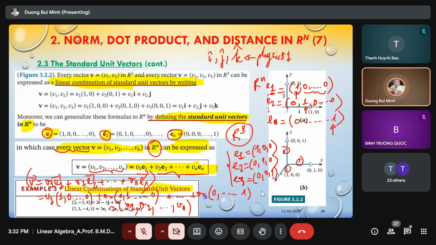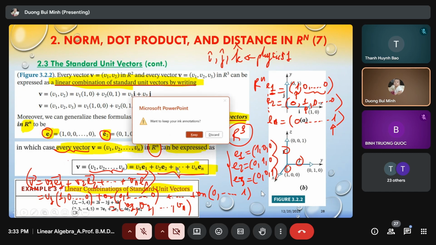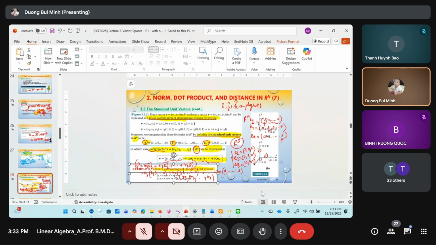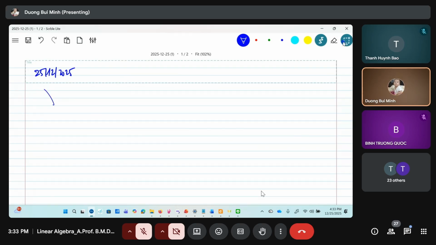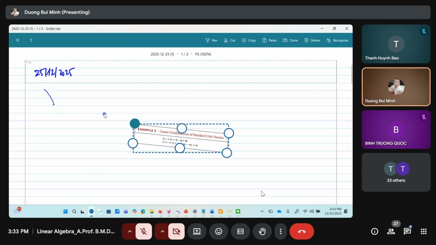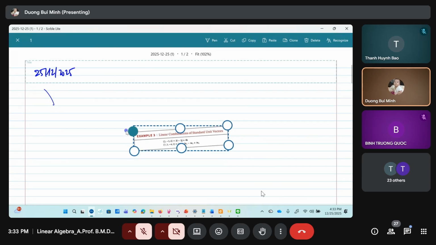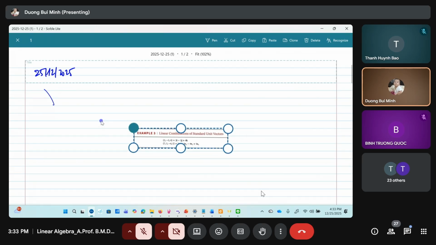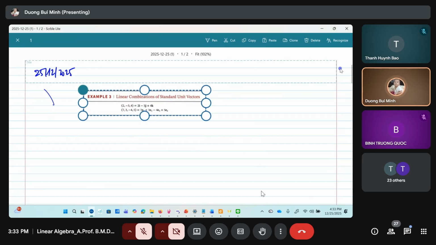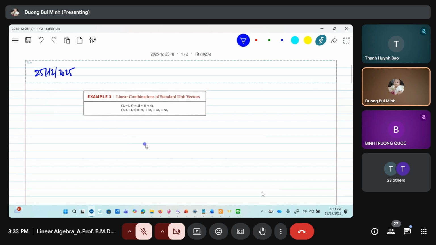Like we have an example. We have vector v belonging to R3, because we have vector v is 2, minus 3, 4.